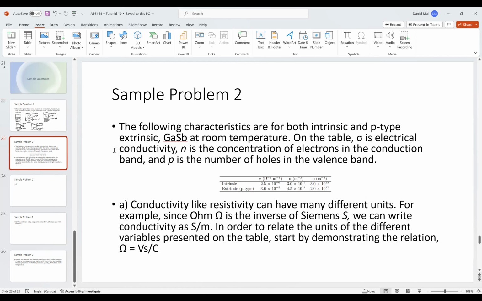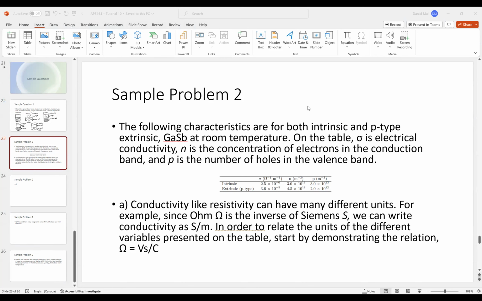Okay, question 2. The following characteristics are for both intrinsic and P-type extrinsic gallium antimonide at room temperature. On the table, sigma is electrical conductivity, N is the concentration of electrons in the conduction band, and P is the number of holes in the valence band.